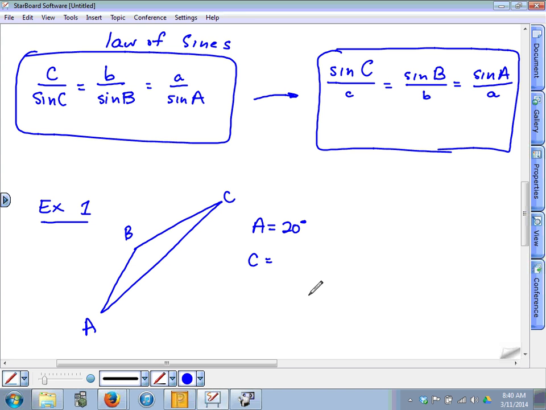Angle C is 25 degrees. And side C, lowercase c, is 80.4. Solve for little a.